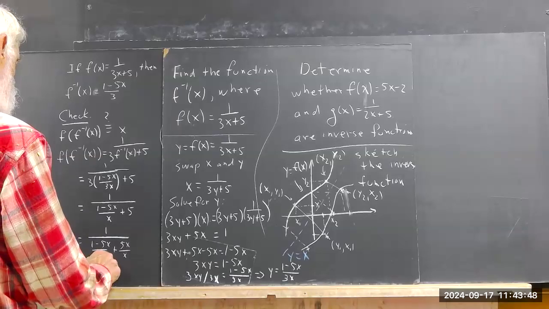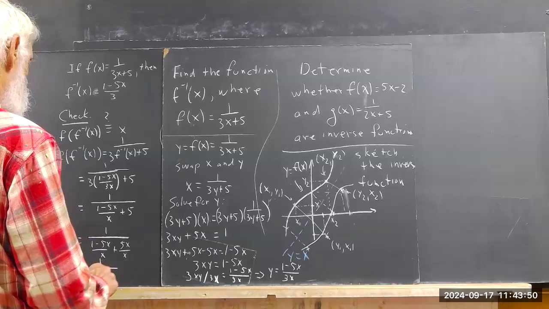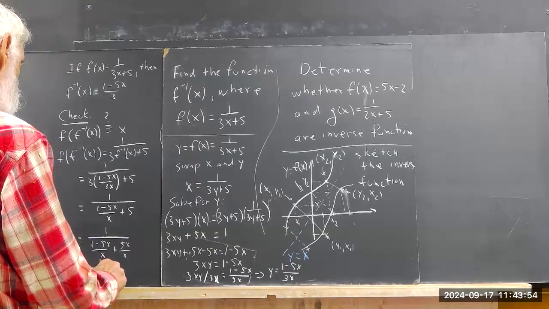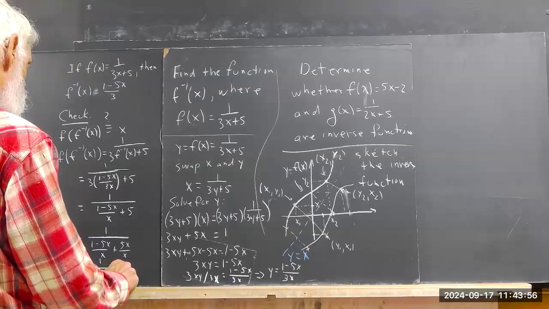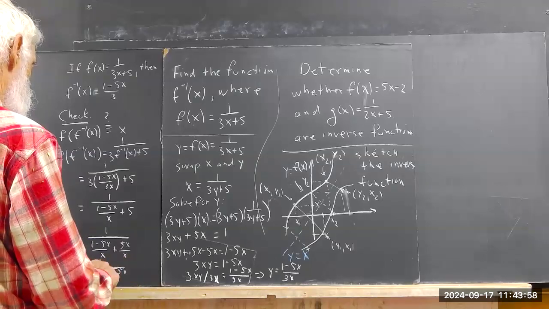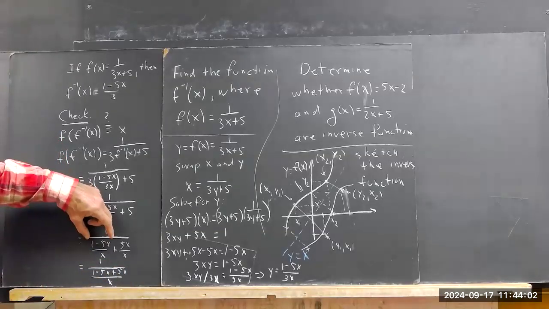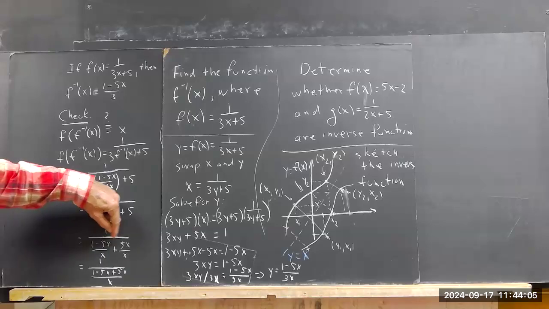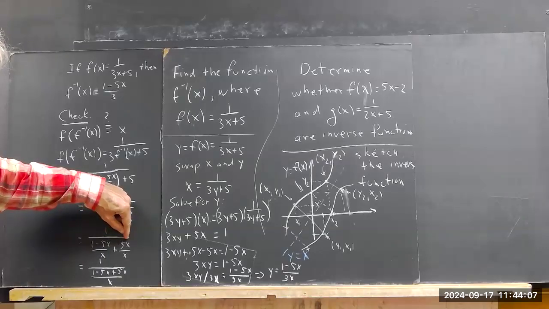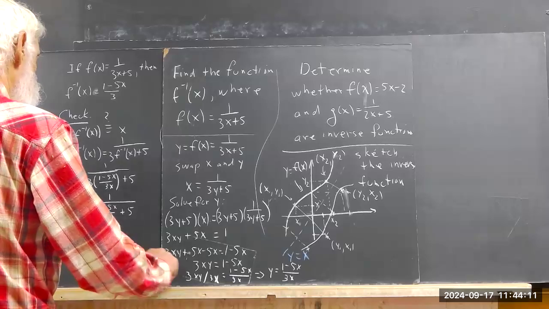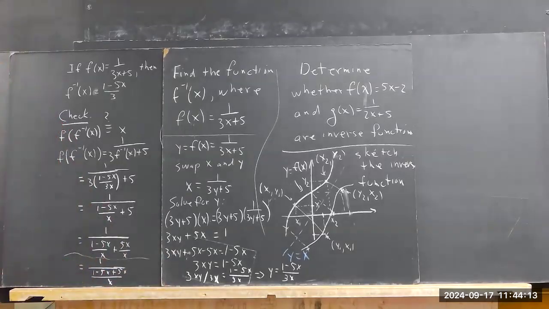That equals 1 over, well, the numerator is just going to be 1 minus 5x plus 5x. And the denominator is still going to be x. And of course, all that is the denominator of this complex fraction.